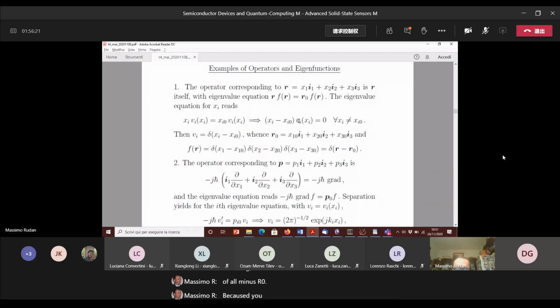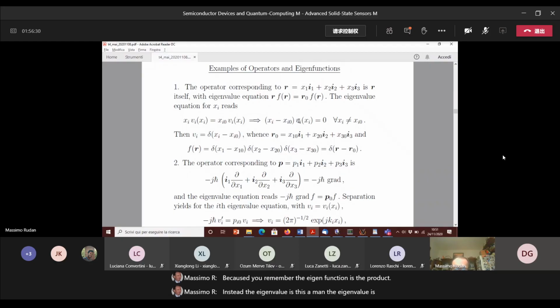Because you remember the eigenfunction is the product. Instead, the eigenvalue is the sum, and the eigenvalue is R0 equal to x10 i1 and so for the other two components, okay? So this is the outcome for the construction of the eigenvalue equation for position.